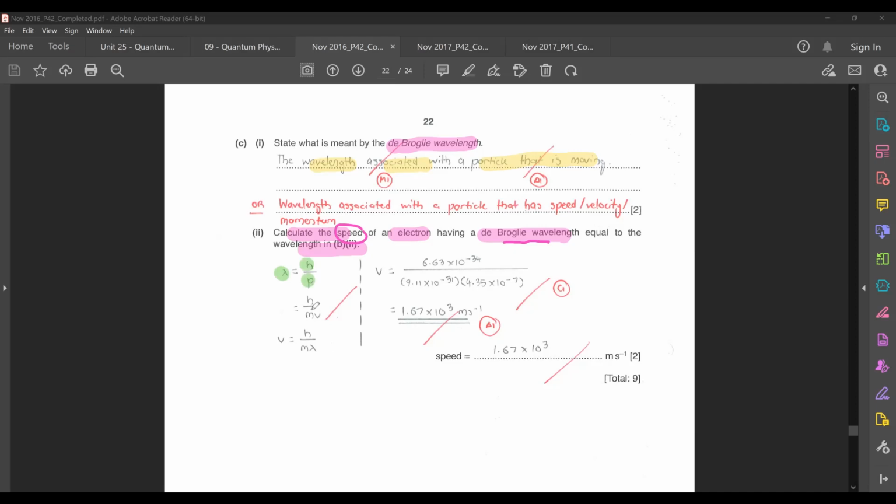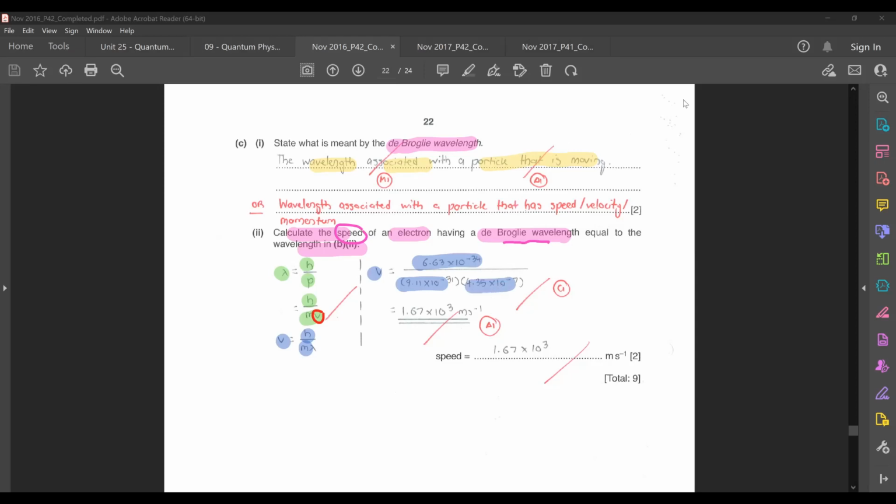Lambda is h over p, but your p you need to expand to become mv because you want to find out the speed here. You want to find out what's v. All right, so v is going to be h over m lambda. Sub in all the values: Planck constant, mass of electron, and then your de Broglie wavelength.